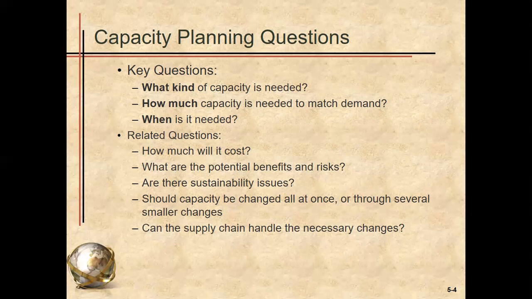Another question is, how much will it cost? What are the potential benefits and risks? Are there sustainability issues? Should capacity be changed all at once, or through several small changes? Can the supply chain handle the necessary change? The sustainability issues are about the environmental, social, and economic impact.